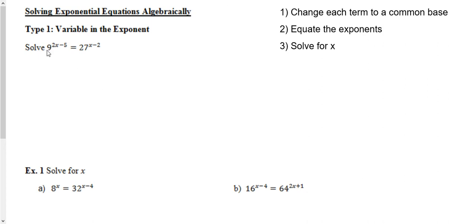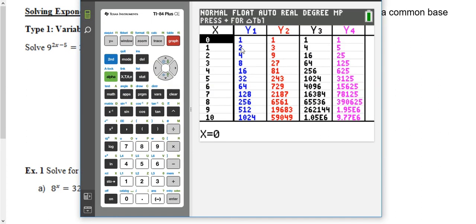So here, if I see the number 9 and 27, I don't know what base might have 9 and 27, but I'm going to go to my graphing calculator. I'm going to look through all of my bases. So this is, again, base 2, 3, 4, 5. I'm looking for one of them that has 9 and 27. Right here, we have 9 and 27, so I'm going to convert everything to base 3.